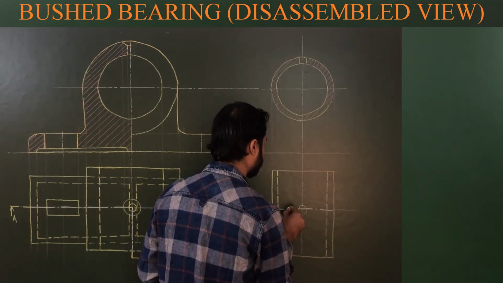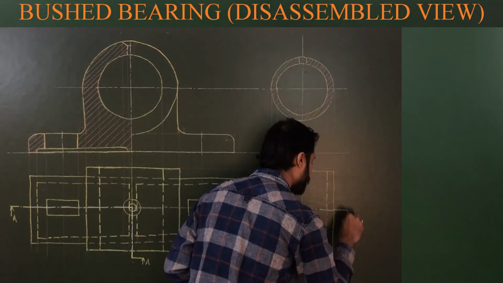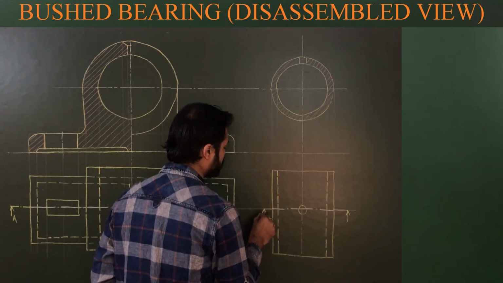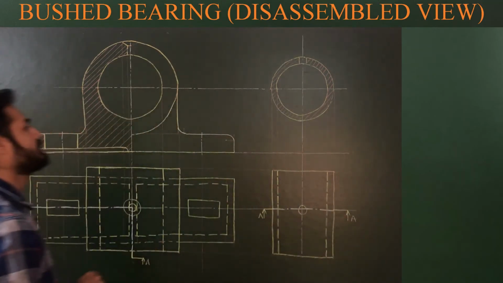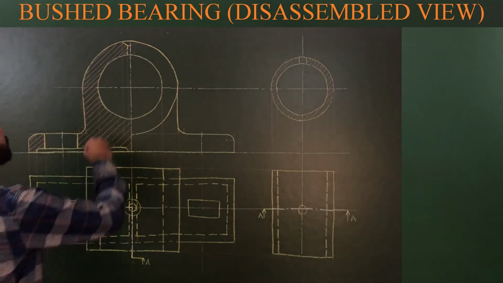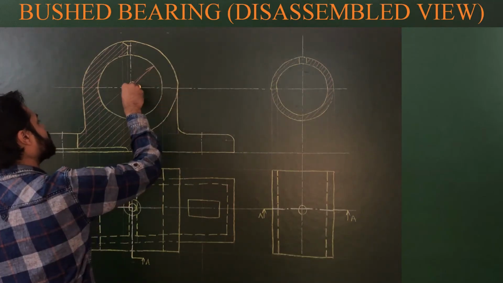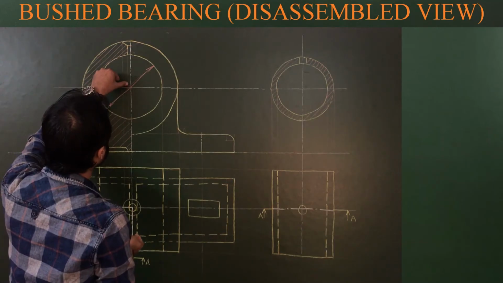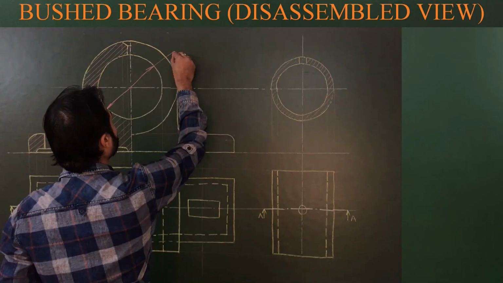So we have to show the full part for the section, right? Then next, dimensioning. For dimensioning, we have to choose at least 6 important, but I'll request you to show all related dimensions.